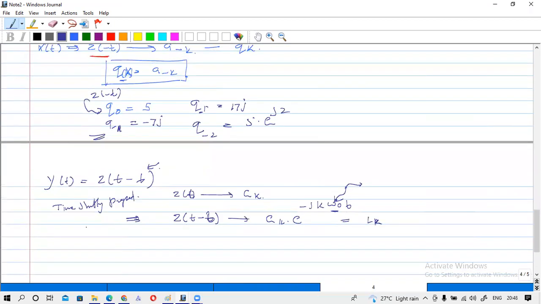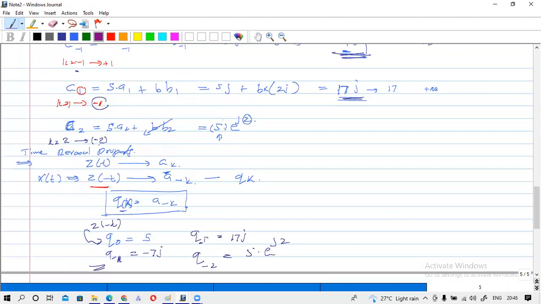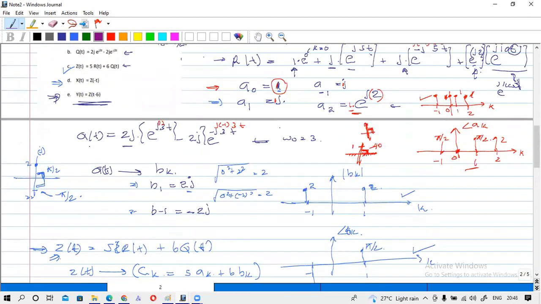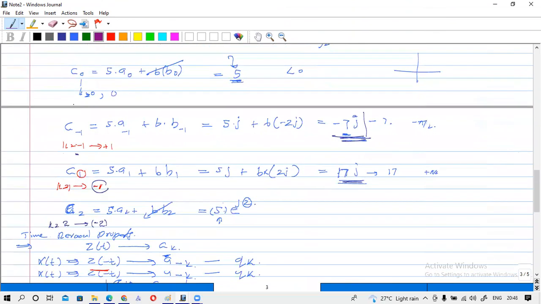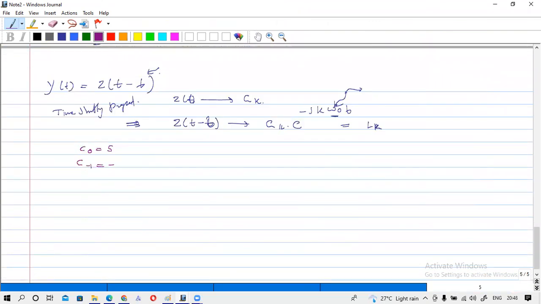I will write these here. C0 is 5, C minus 1 is minus 7j, C plus 1 is 17j, and C2, as I can remember, is 5e^(j2).